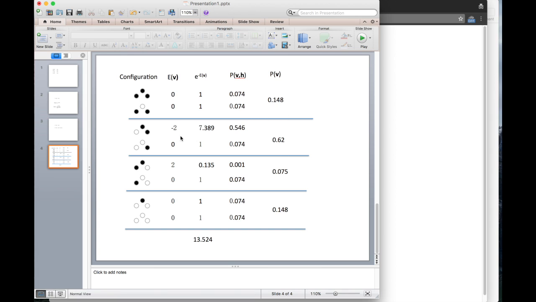And we can see that the system we have created prefers the state where the first unit is off and the second unit is on. It has the largest probability of 6-2. And it does not favor this configuration where the first unit is on and the second unit is off.